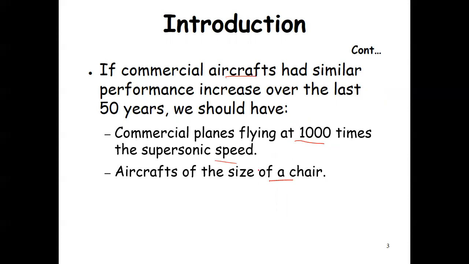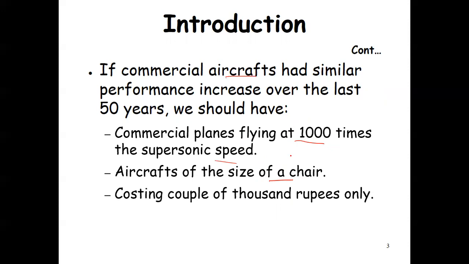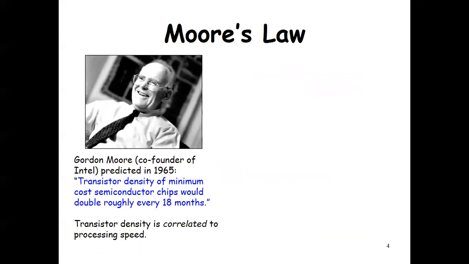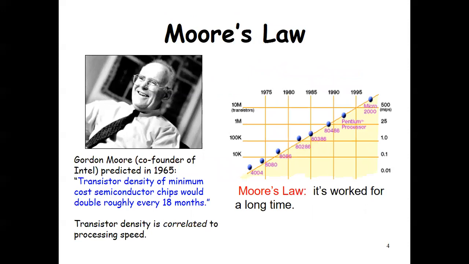We would also have flights the size of a chair, and the cost of these flights would be only several thousand rupees. So we are comparing the rate at which processor performance has increased over the past 5 decades.